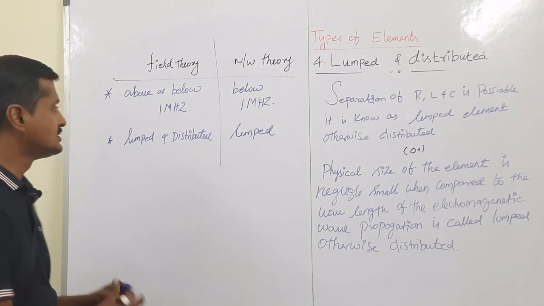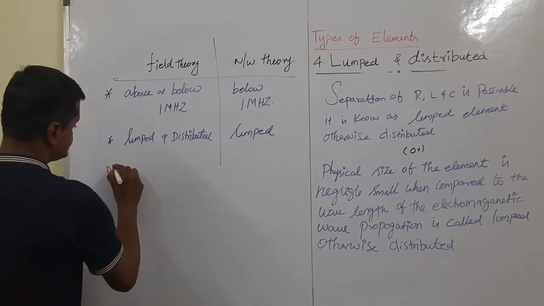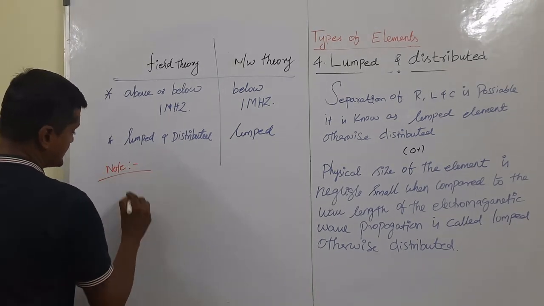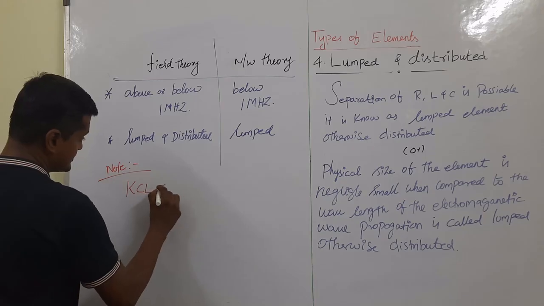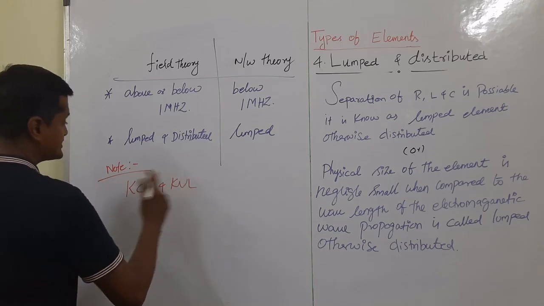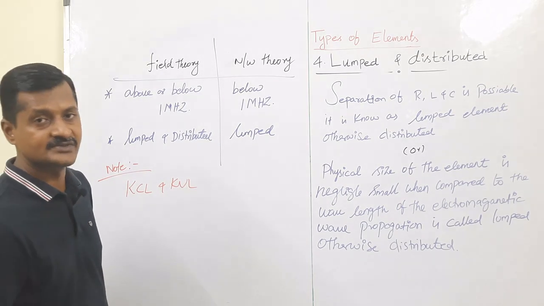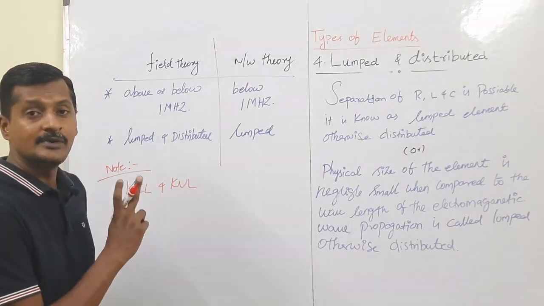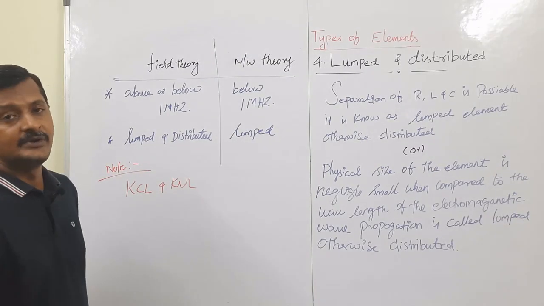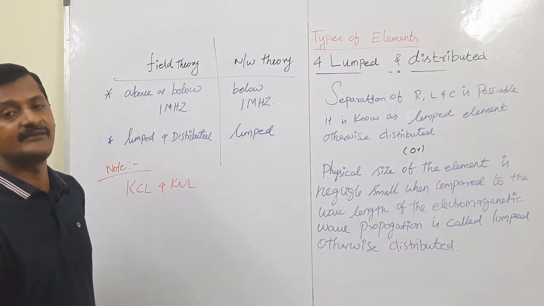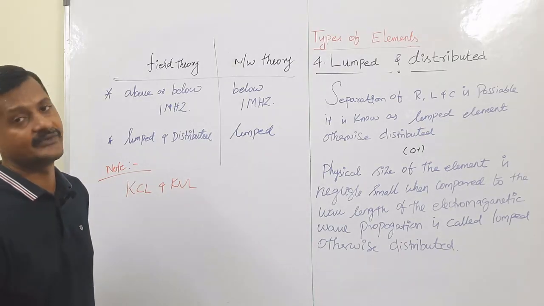One more very important note point: KCL and KVL, Kirchhoff's current law and Kirchhoff's voltage law, are applicable only below 1 megahertz. So KVL and KCL will fail at high frequency.